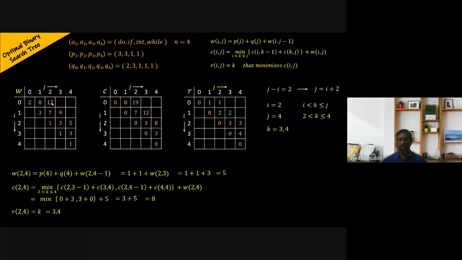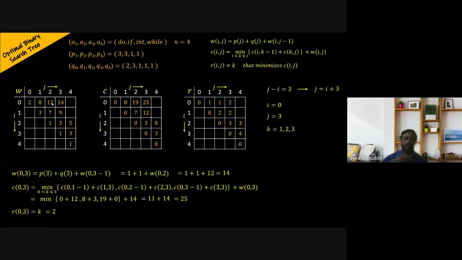Now next stage, we take 3 nodes at a time. So J minus I will be 3. So J will be I plus 3, and starting from I equal to 0, we have 0 less than K less than equal to 3. So now K is going to have 3 values, 1, 2 and 3.